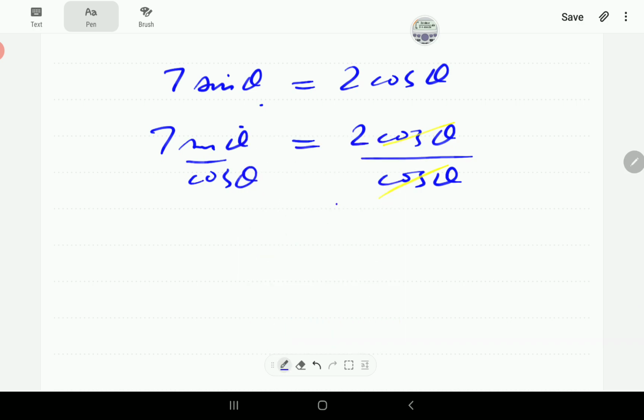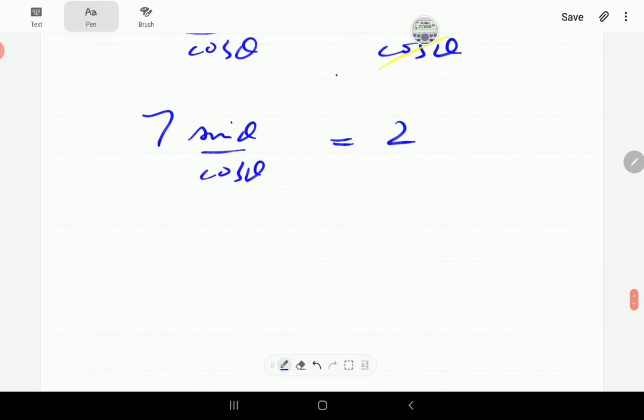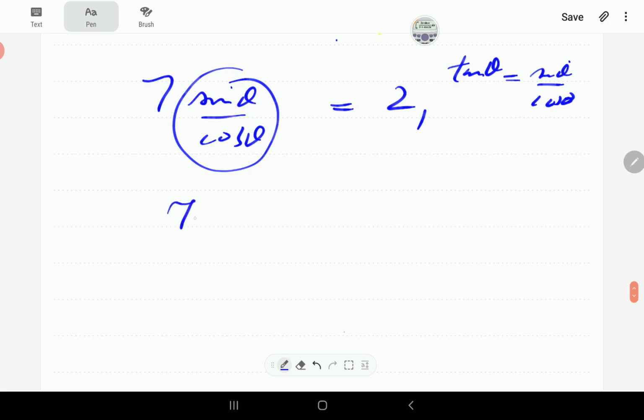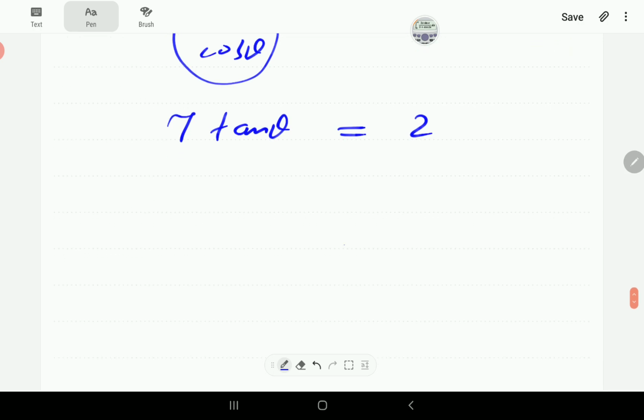So now we have 7 sine theta over cosine theta is equal to 2. But then we recall that tan theta is sine theta over cosine theta. So this is just tan theta. Means we can write this as 7 tan theta is equal to 2, of which we now have only one trigonometric function to deal with. Then if we make tan theta the subject of the formula, tan theta is 2 over 7.